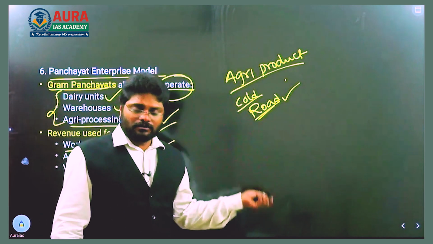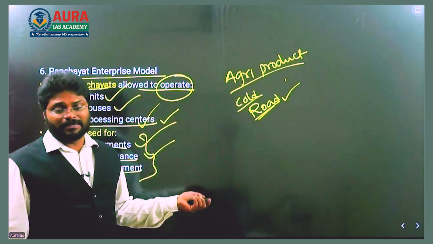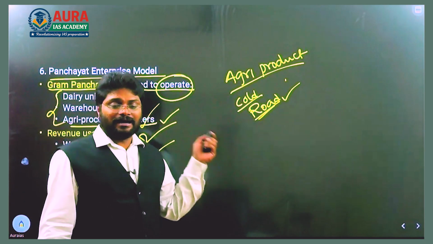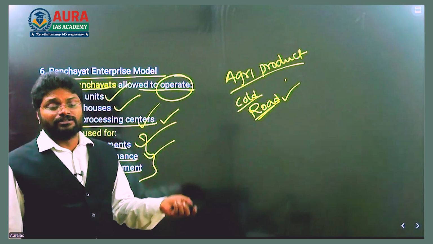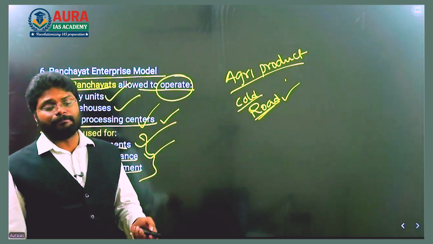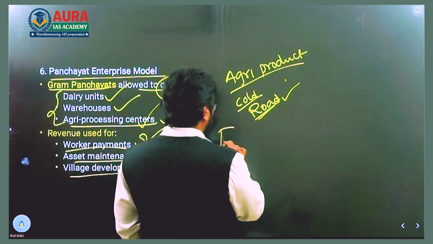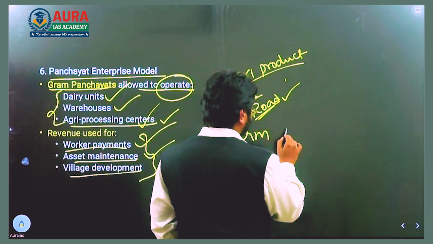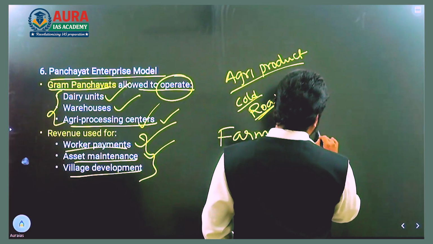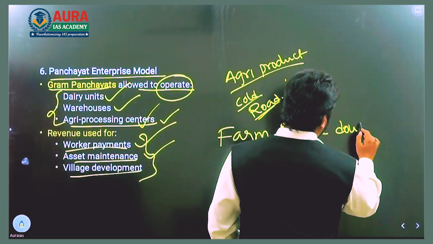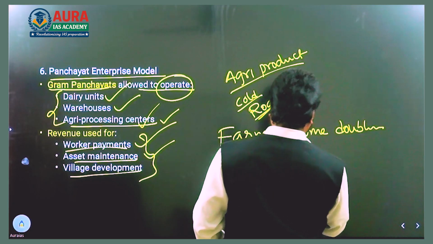So by this act, roads are coming, cold storages are coming, agri processing centers are coming, so that farmers' income doubles. That is also one of the aims. So farm income doubling is also one of the aims by 2047.